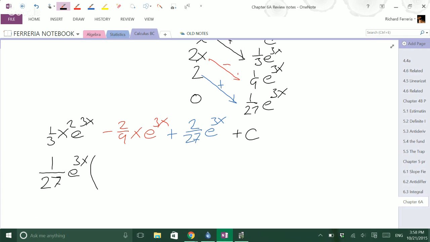Okay, 1/3 divided by 1/27 is 1/3 times 27, which is 9. 2/9 divided by 1/27 is 2/9 times 27, which is 2/1 times 3, which is 6. This one's easy, it's 2.